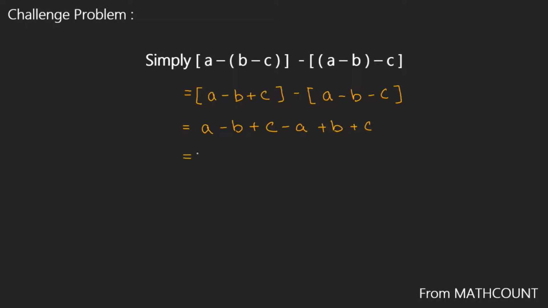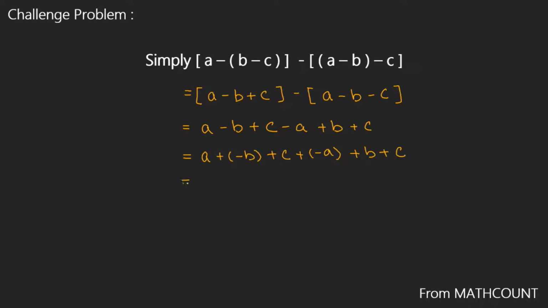So next we're going to use commutative properties and move the like terms together. So before we do that, we're going to remove the minus signs by doing plus and negative of the number. So this becomes A plus negative B plus C plus negative A and plus B plus C. Okay.